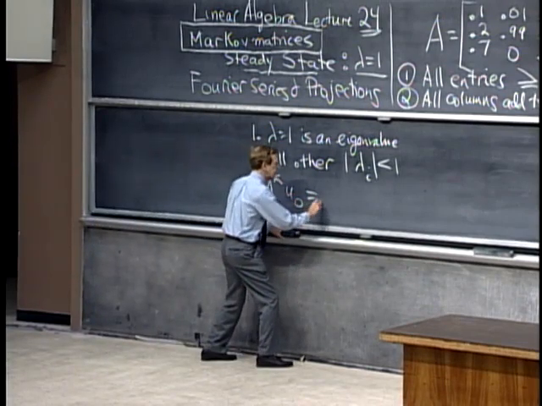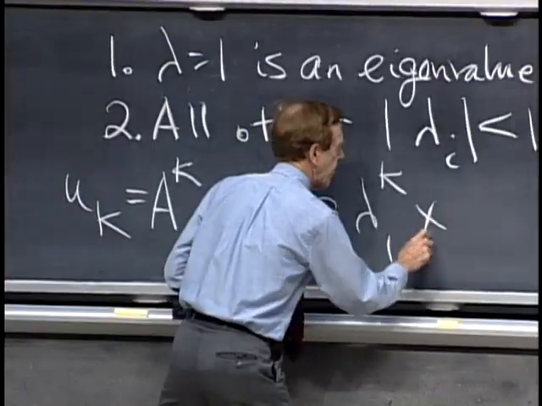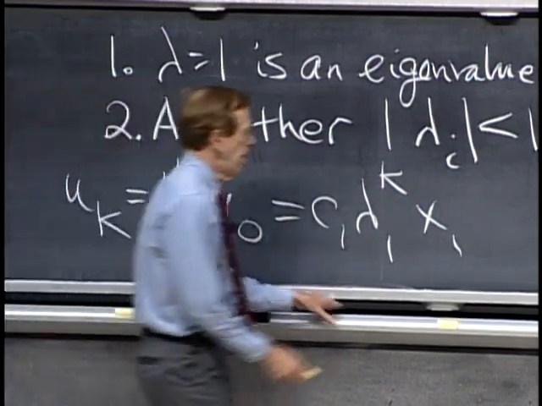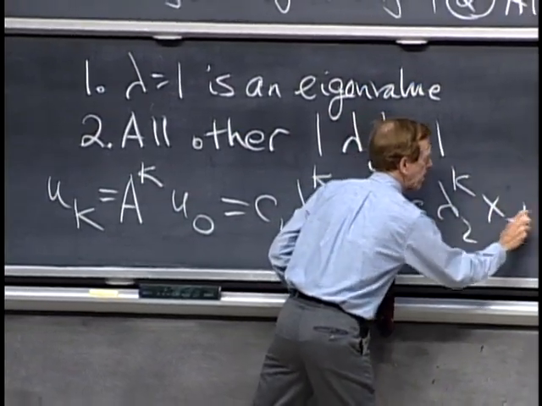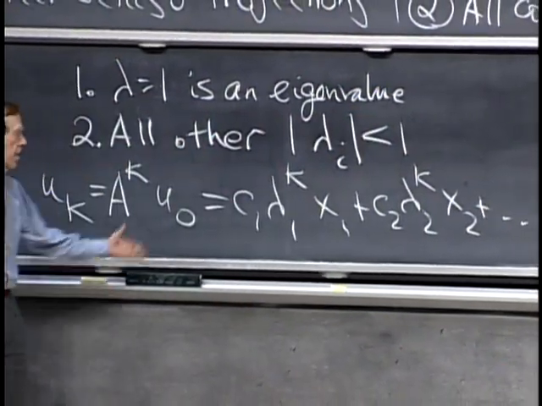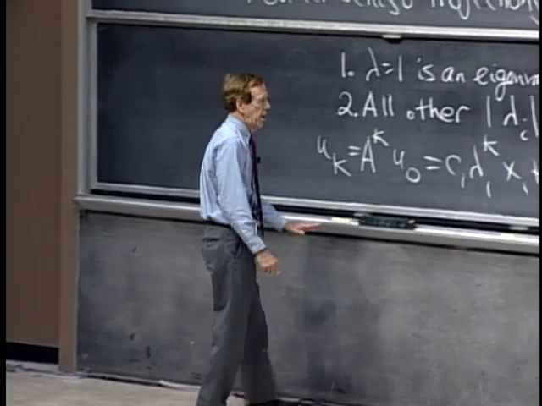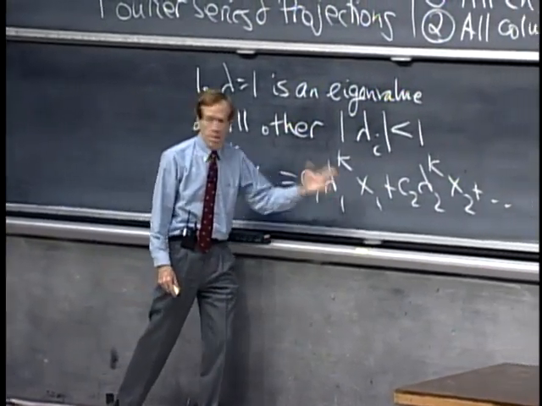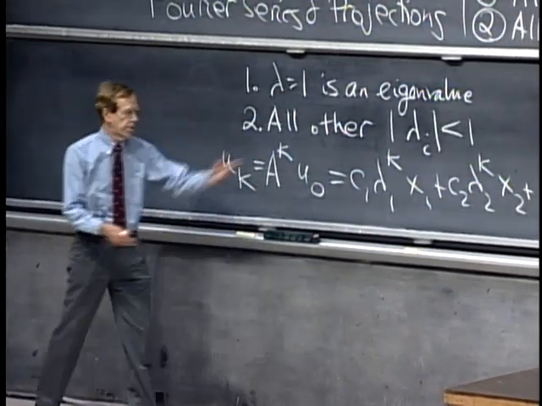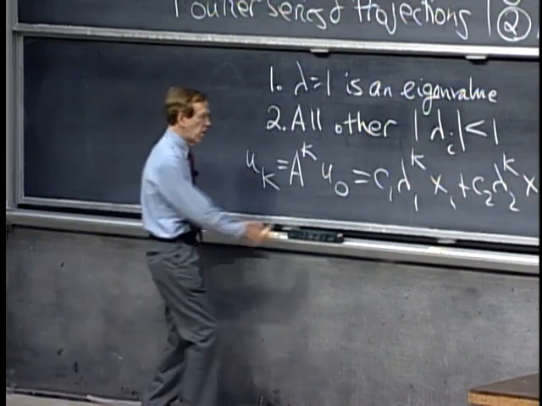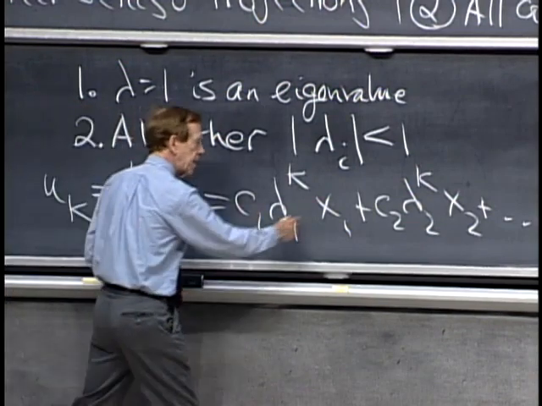The general form is that there's some amount of the first eigenvalue to the kth power times the first eigenvector, and another amount of the second eigenvalue to the kth power times the second eigenvector, and so on. My conscience always makes me say at least once per lecture that this requires a complete set of eigenvectors. Otherwise, we might not be able to expand u naught in the eigenvectors and we couldn't get started. But once we're started with u naught when k is 0, then every A brings in these lambdas.